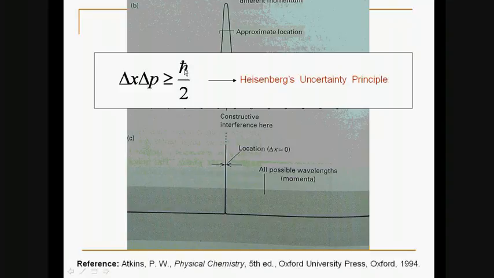Here h bar is Planck's constant divided by 2 pi. This basically tells us that if we have large delta x, we have small delta p, and vice versa. Or if you go to one of the limits, let's say where delta p is 0, then we get delta x to be infinite, which means that we have no idea about where the particle is if we know its momentum.